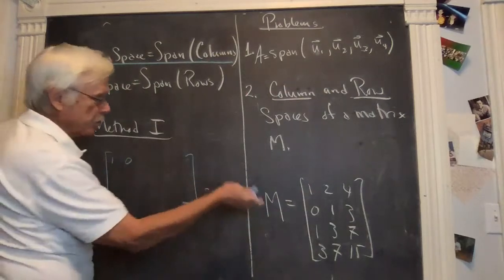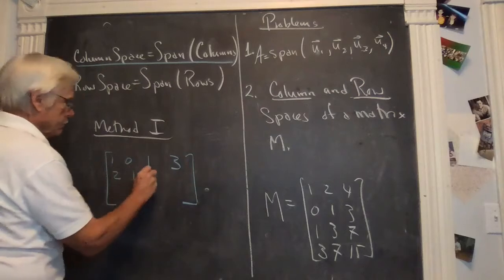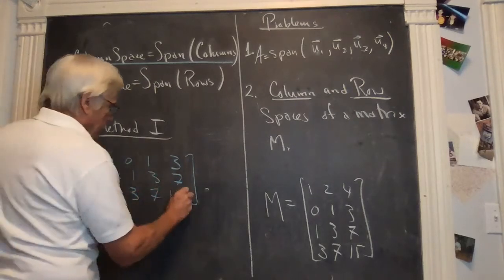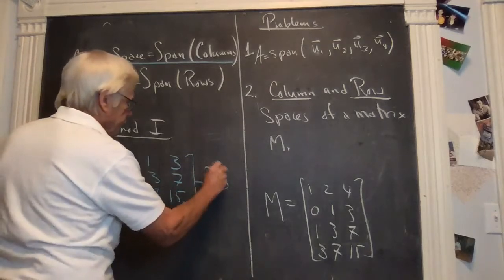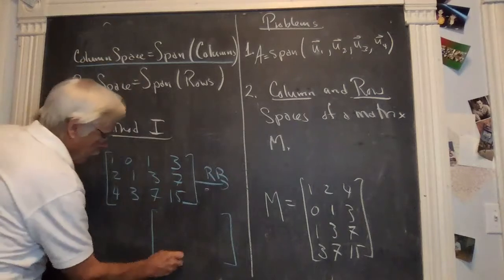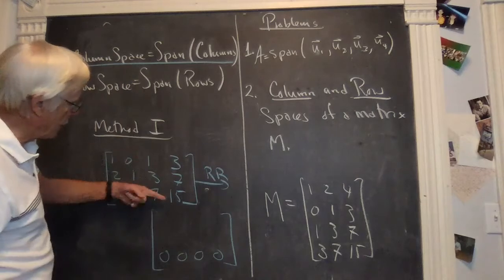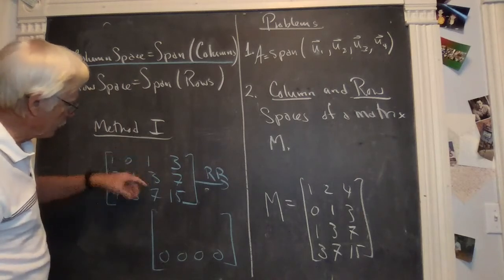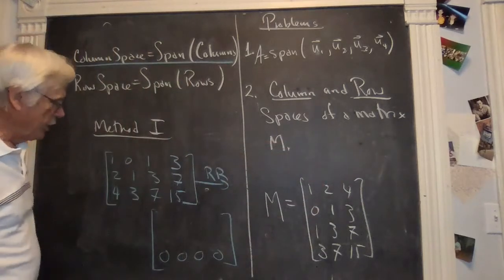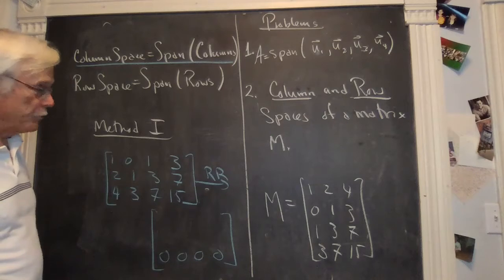So basically I'm looking at the transpose of M. Row reduce. See what you get. If you get a row of zeros, that will mean that there was one dependency among these 3 columns. Now, these are not columns of this matrix, they're columns of M, but that's what we're interested in. And then the remaining 2 will be a basis for the column space.